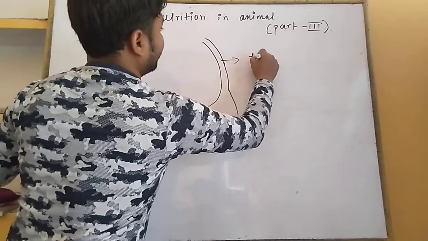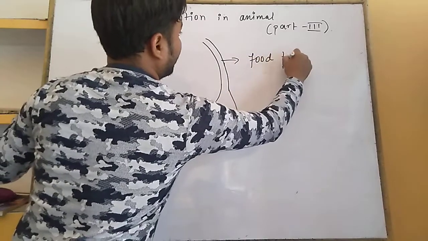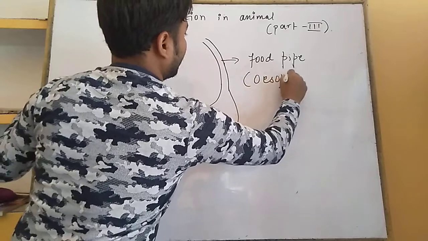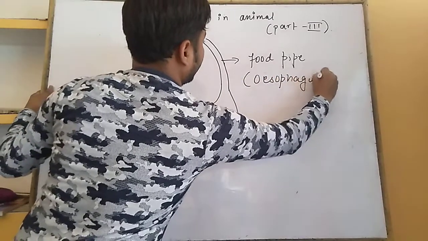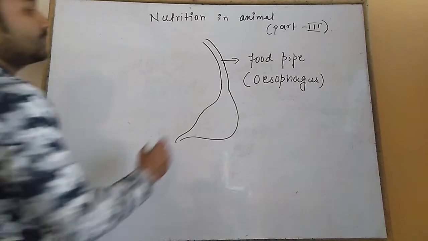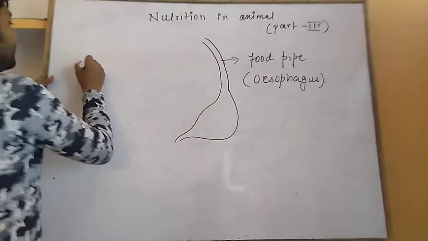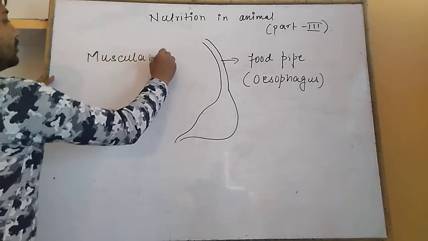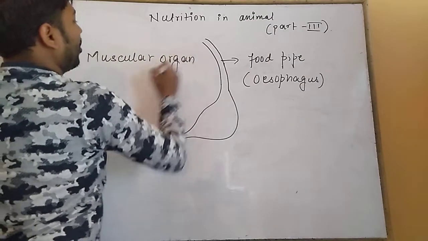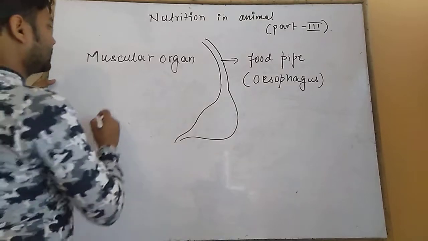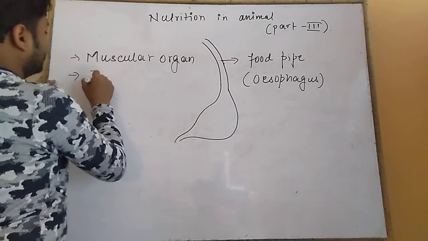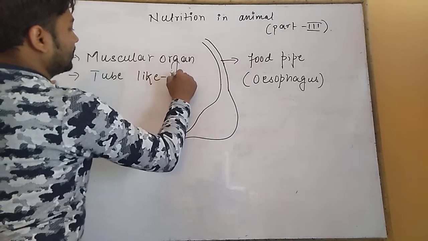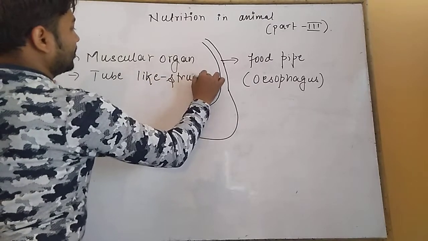This is known as food pipe. This is also known as esophagus. This is a muscular organ. इसको हम लोग कहते हैं muscular organ. It is also a tube-like structure.